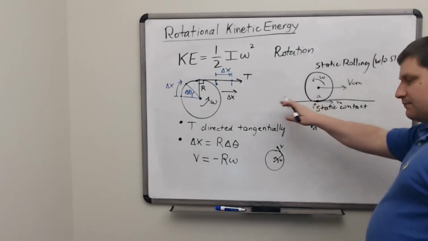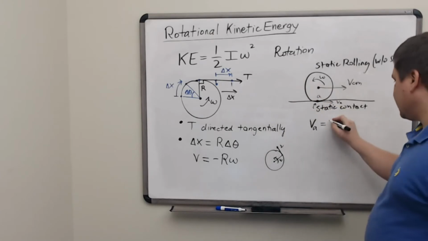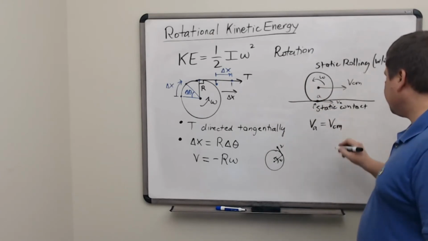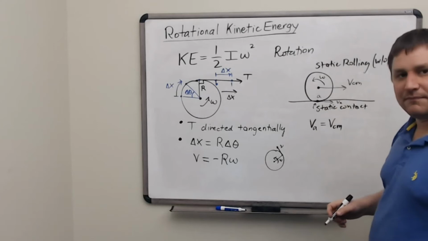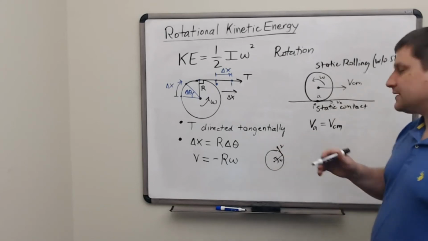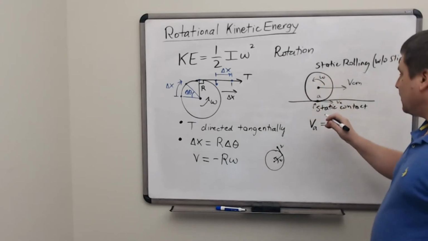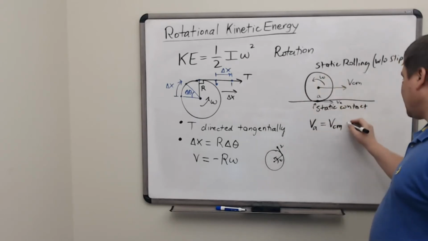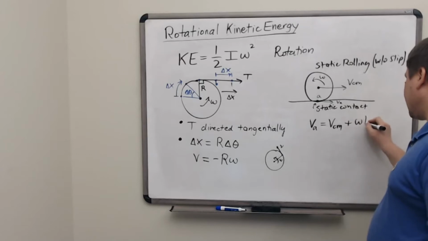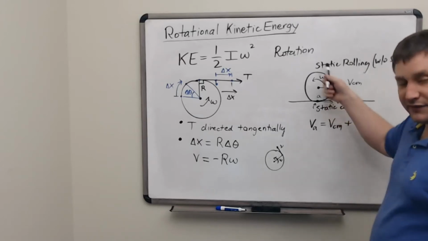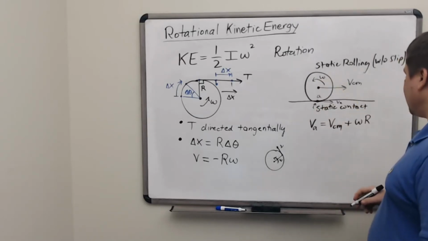If the object was moving side to side without spinning, there would be a contribution VCM. All parts of the rolling object would move at the same velocity. If the object was at rest and rotating with an angular velocity omega, there would be a contribution omega times r, where r is the radius of this rolling object.